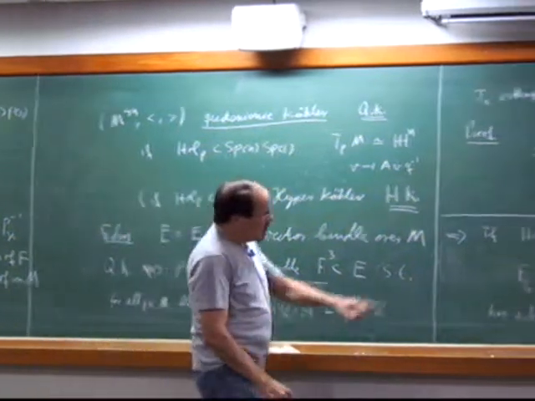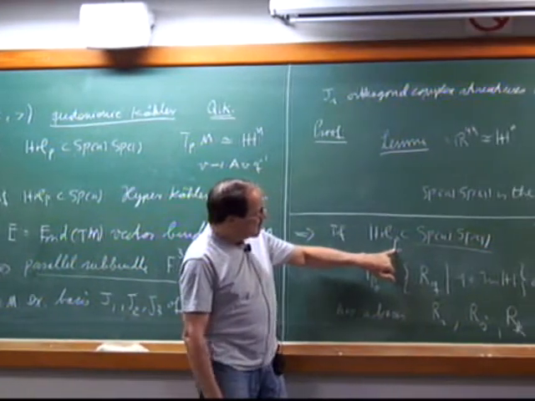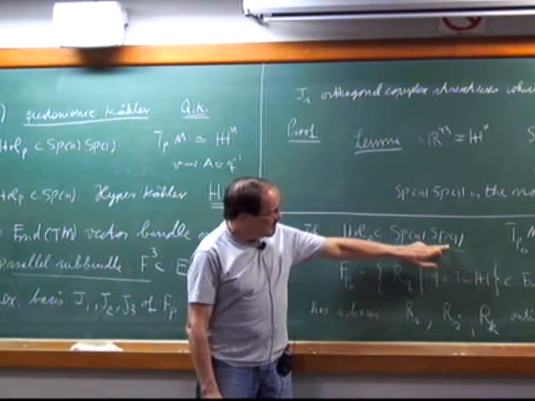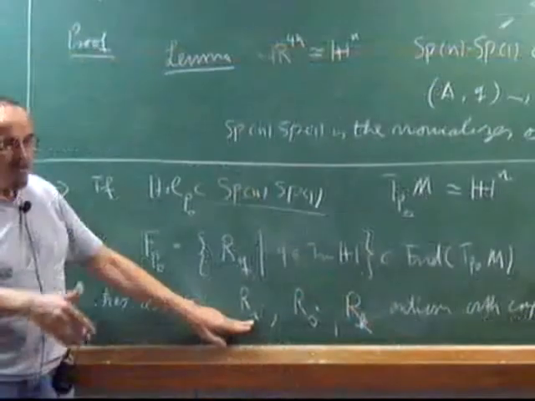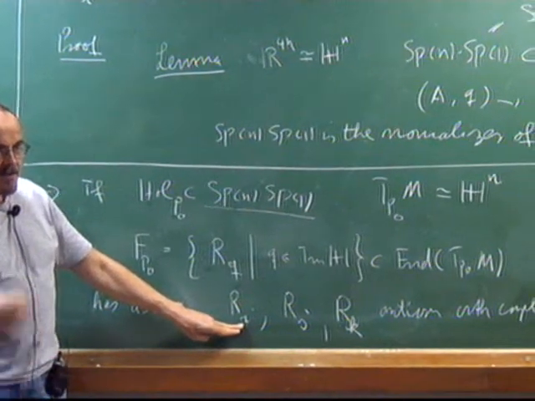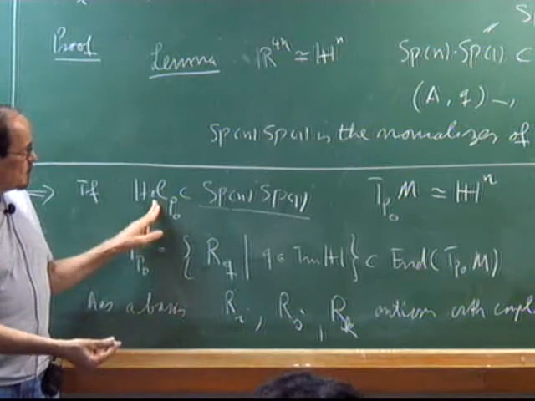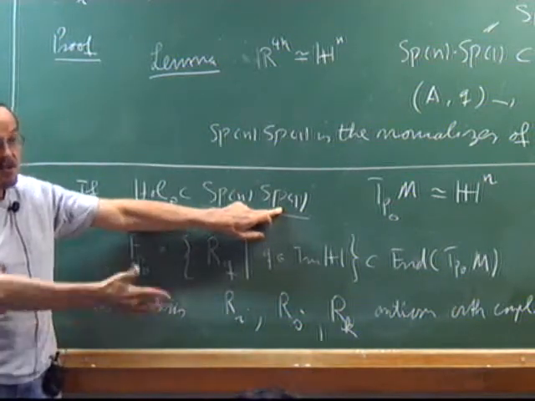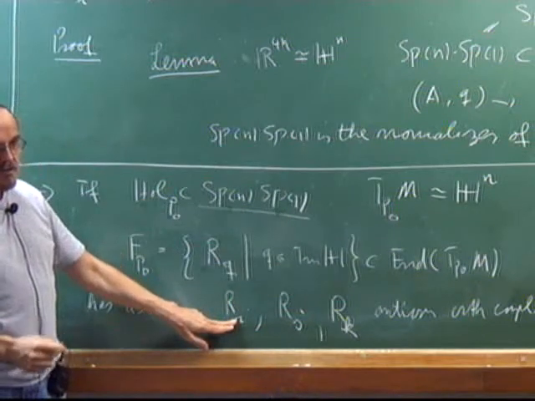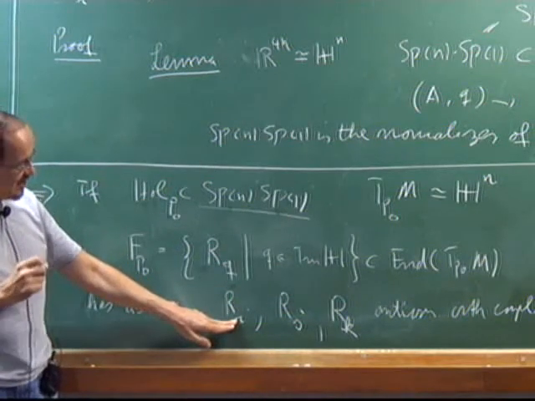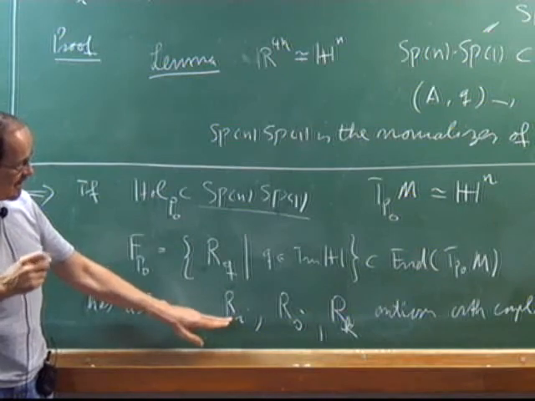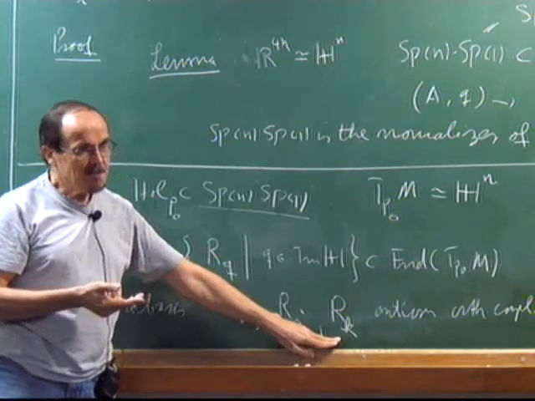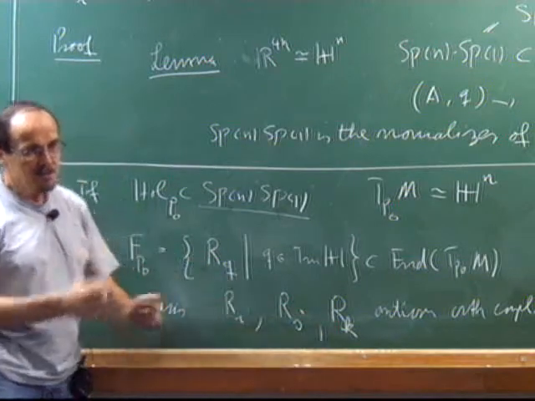Because when I push them around with my holonomy, say conjugate something in Sp n Sp1, then this Sp1 will change Ri to some other R. That means if I go to a different point, if that holonomy element contains something in Sp1, it's going to change that complex structure to a different one. But it's going to change it into a complex structure which is some linear combination of these three, so it still lies in the three-dimensional bundle. But it will change the complex structure.